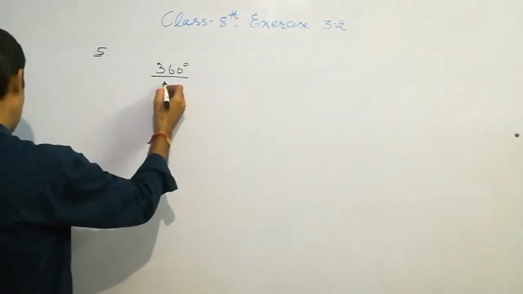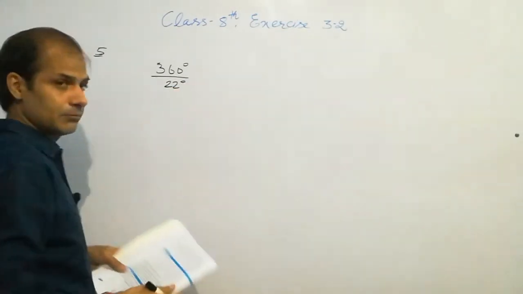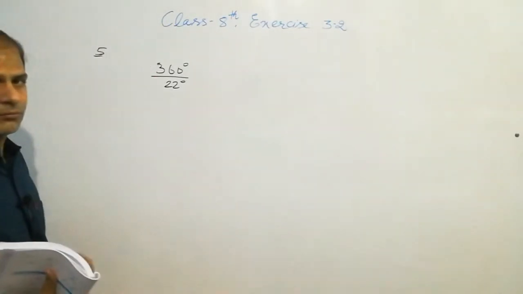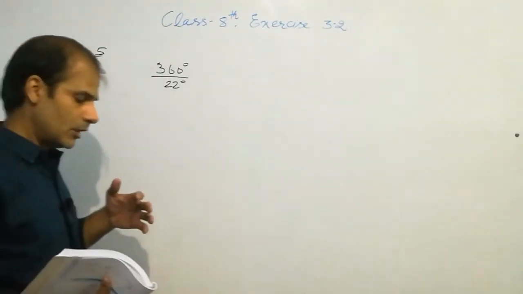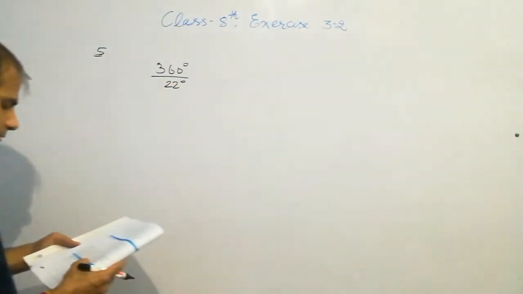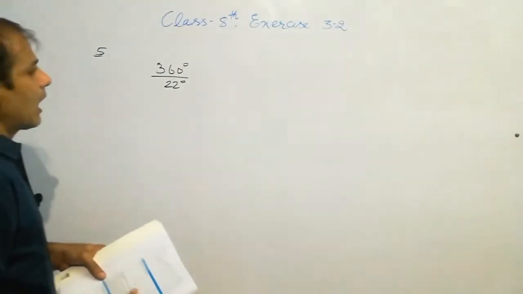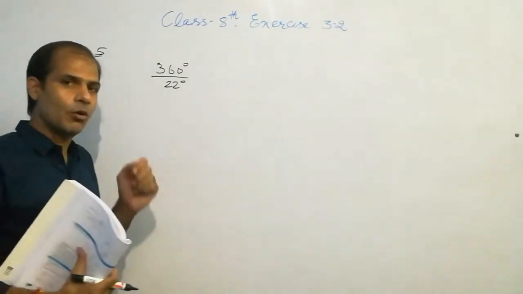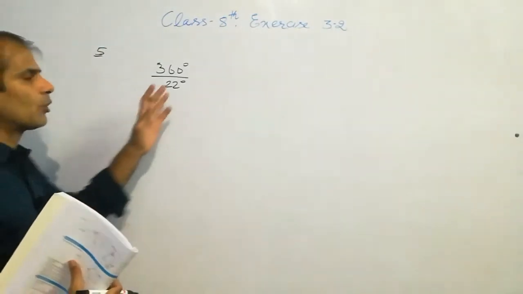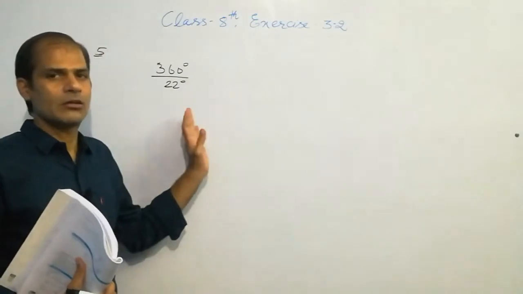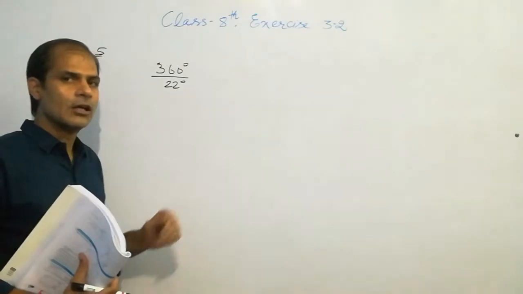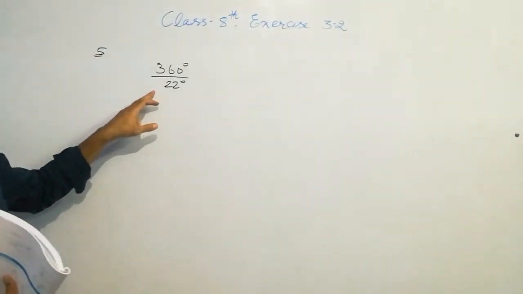If 360 degree is divided by 22 degree completely, means if we get a whole number for this division, then it is possible to construct a regular polygon whose exterior angle is 22 degree. अगर आप इस डिवीजन के बाद में कोई होल नंबर अगर आपको मिलता है तो इस तरह का रेगुलर पॉलीगॉन पॉसिबल है. अगर आपको कोई डेसिमल वैल्यू मिलती है तो हम कहेंगे रेगुलर पॉलीगॉन इज नॉट पॉसिबल, मींस वी कैन नॉट ड्रॉ सच रेगुलर पॉलीगॉन हुज मेजरमेंट ऑफ ईच एक्सटीरियर एंगल इज 22 डिग्री.